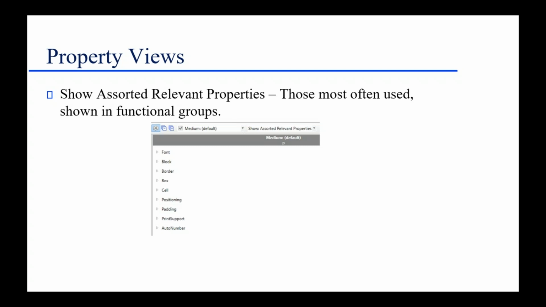I personally find it easier to work in this mode, assorted relevant properties. And I'm in this mode until there's a property that I know I'm looking for and I can't seem to find it. And then what that tells me is, okay, go back to show all properties. So in other words, my default setting is show me a subset of the properties, just to simplify things.